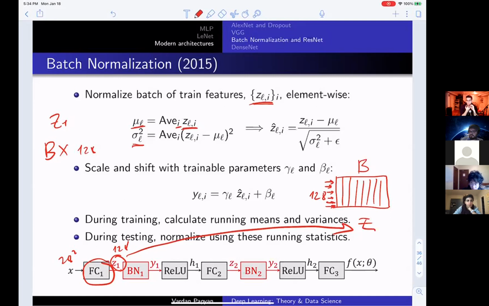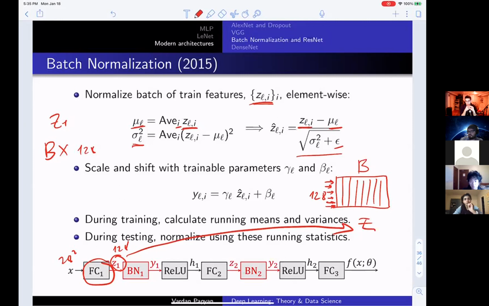Then they suggested taking your Z, which are the features, subtracting the mean, and dividing by the standard deviation. The reason you have this epsilon is that you don't want to divide by 0, so you add some small constant there.